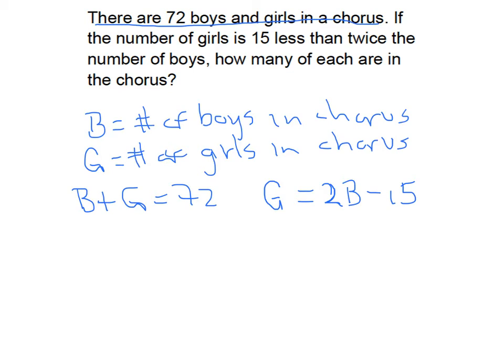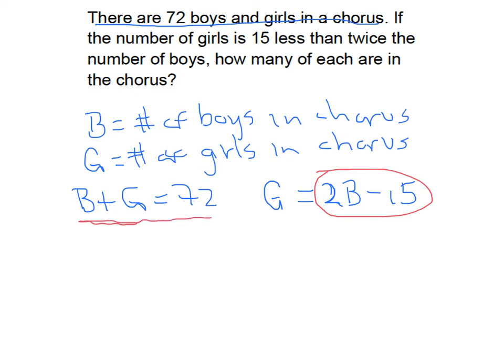Now, the main step in this problem, the main new step, is this idea of substitution. G and 2b minus 15 are the same thing. That's what that equation is saying. Which means if we remove G from our other equation, which we'll call the main equation, I'll underline that right now, it's this equation right here.